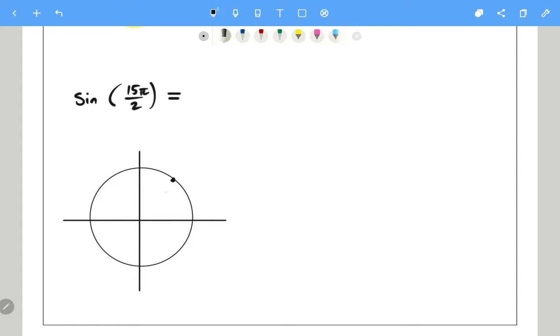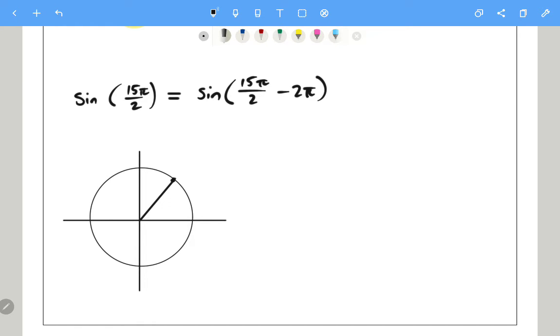Because if I'm, say, at this angle here, and I rotate a further 2 pi around, I'm going to end up all the way back to where I started. So it's as though I've done nothing. So therefore, you can add or subtract 2 pi to the angle to change it to something a little bit easier to work with. So I'm going to subtract 2 pi.